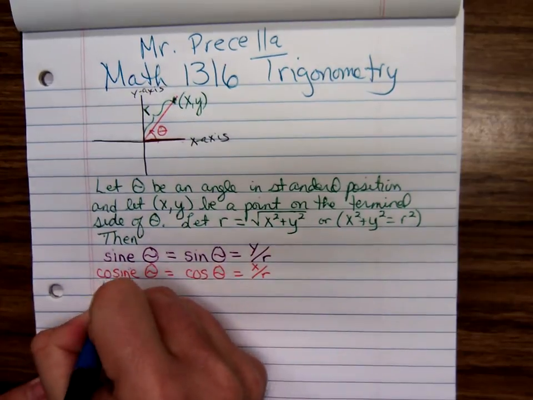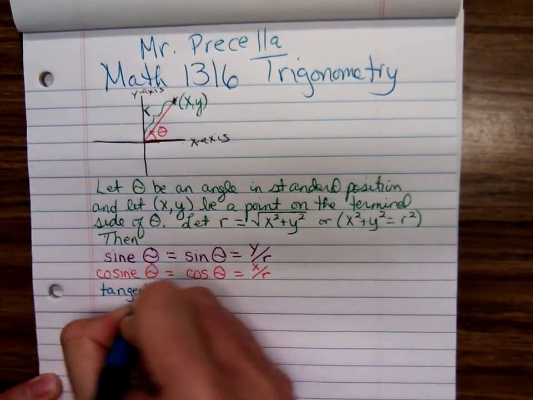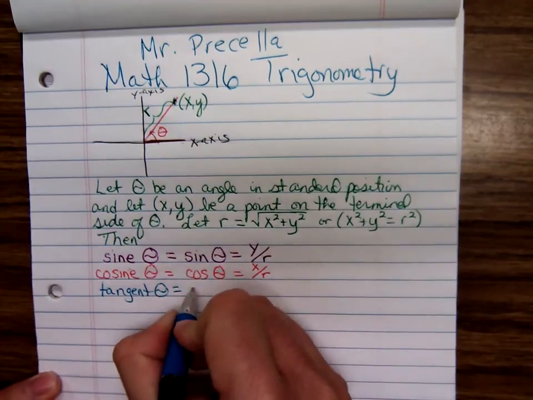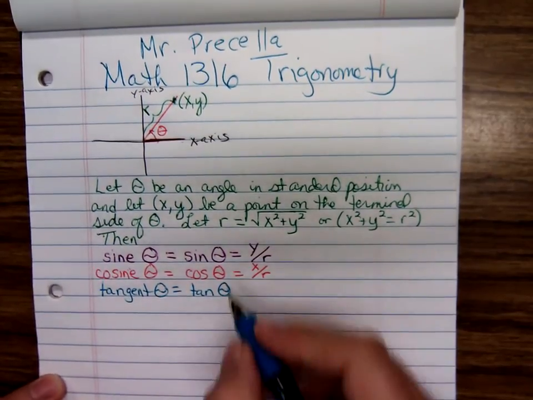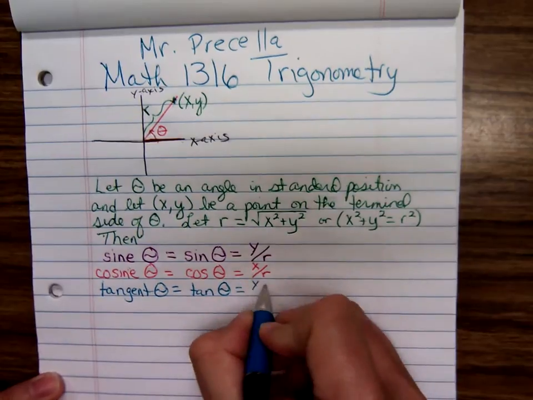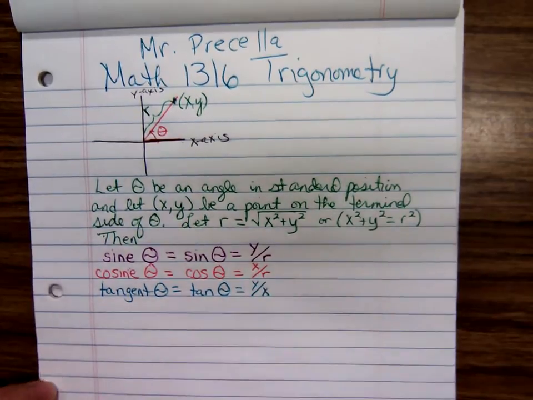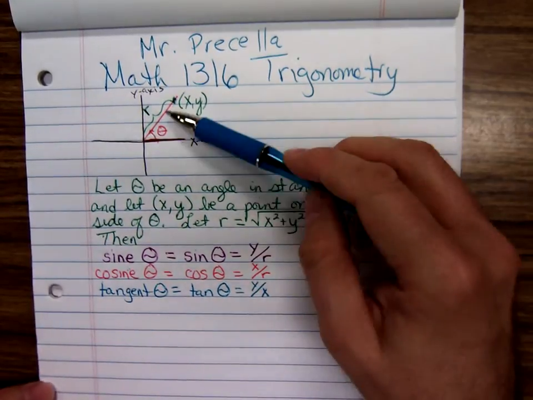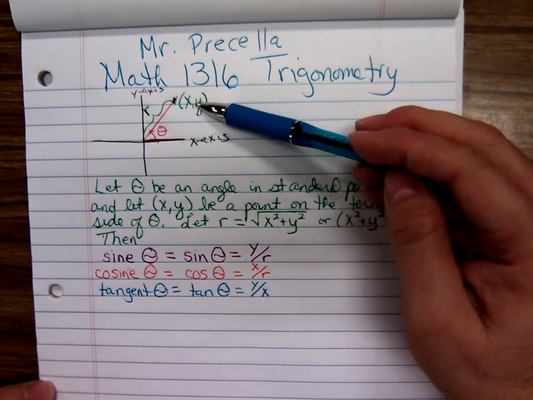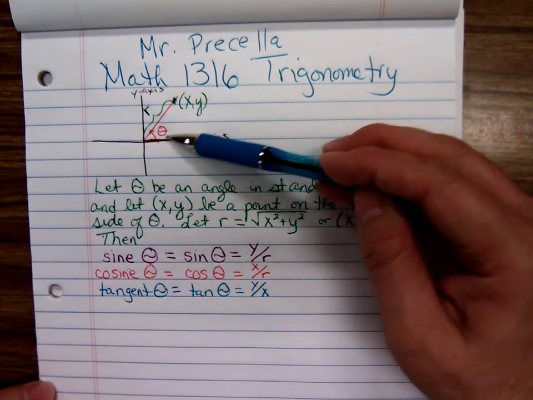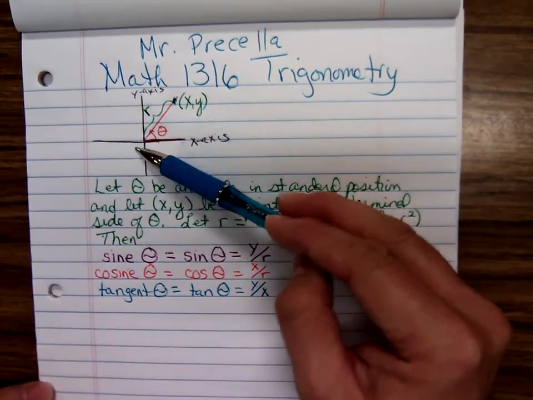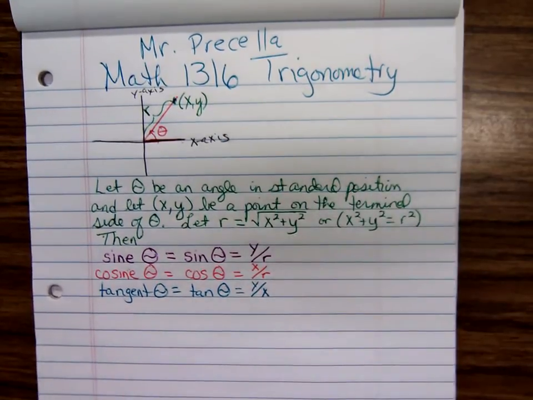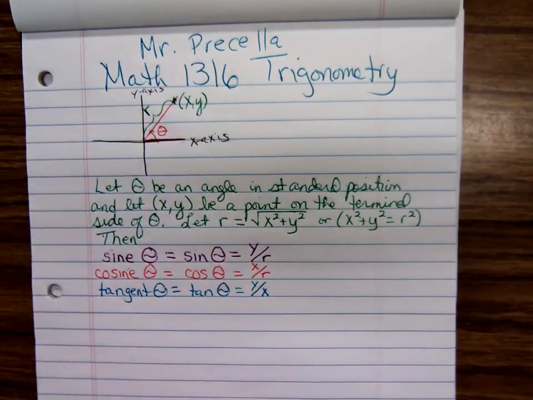Tangent theta, abbreviated T-A-N, don't say tan, say tangent, is y over x. Well, tangent measures y over x, that would be rise over run. So the tangent function is given by the slope of that line, if you want to think of it like that. Those are the three primary trig functions.